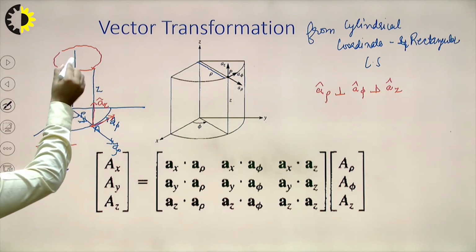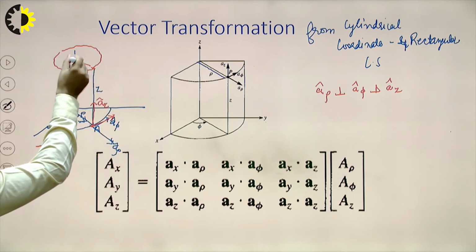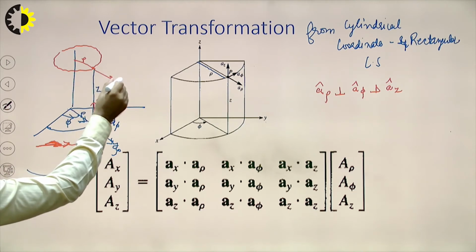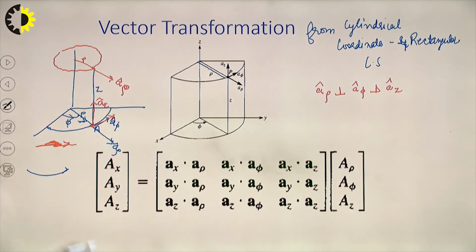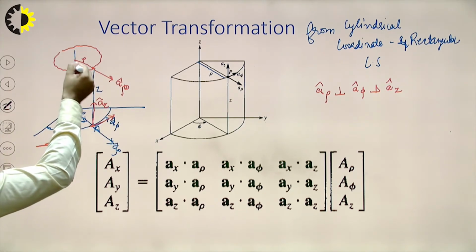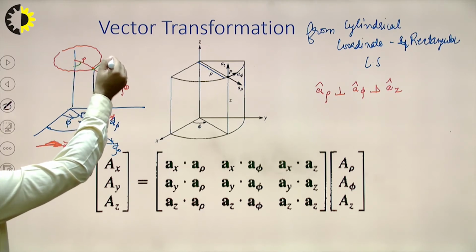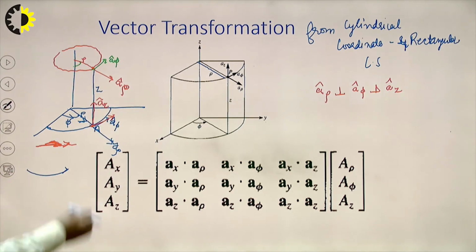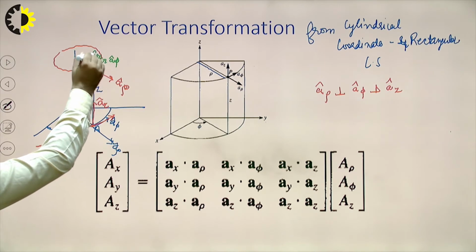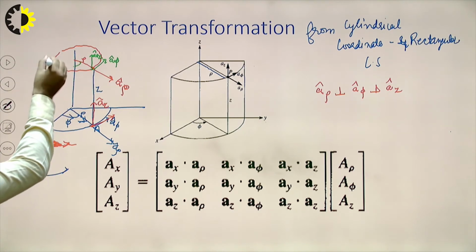You will see here, if I say this one is the center, a cap rho will be in this direction, phi will be in this direction, and az will be in this direction. Clear?